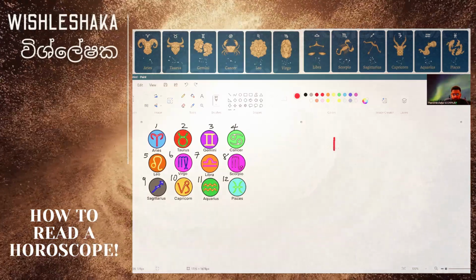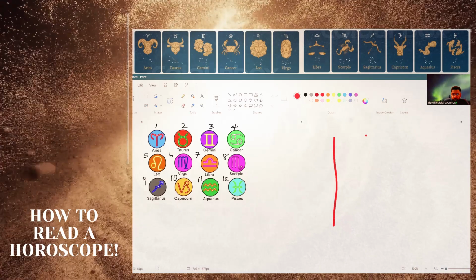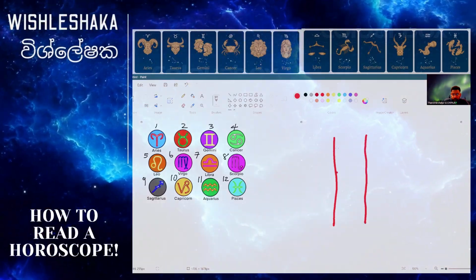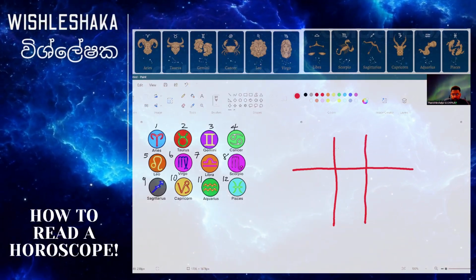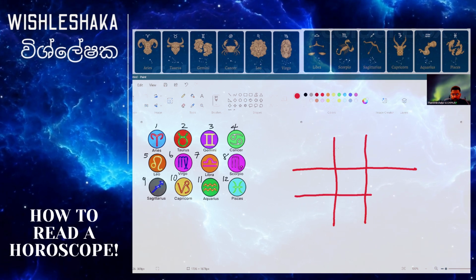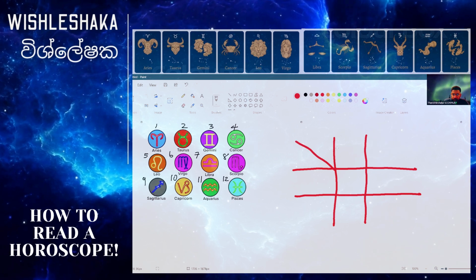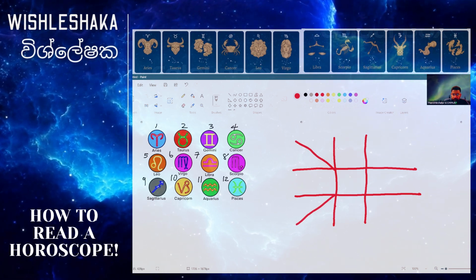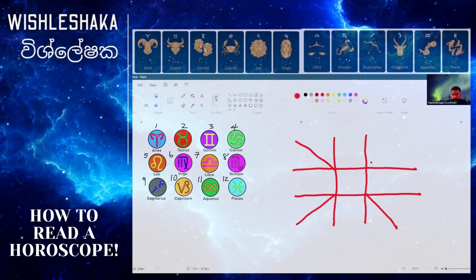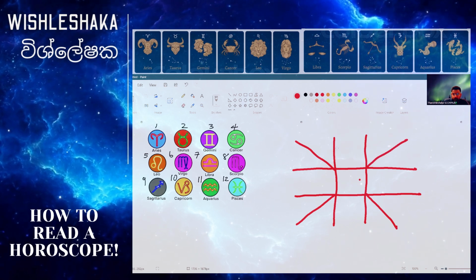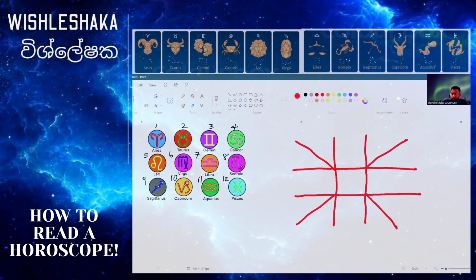So you have something like this, right? This is a horoscope actually. This is what it looks like. You have something like this. So this is a horoscope.